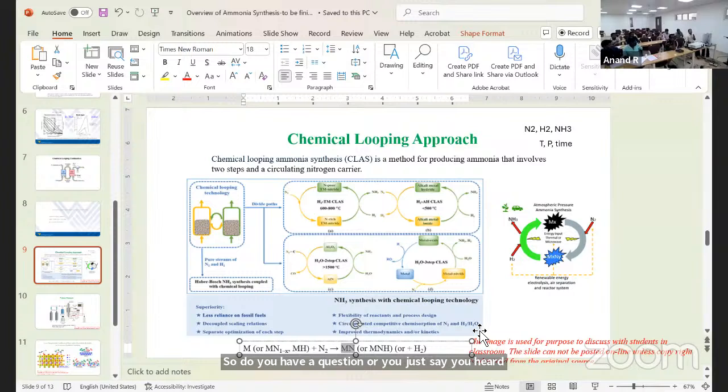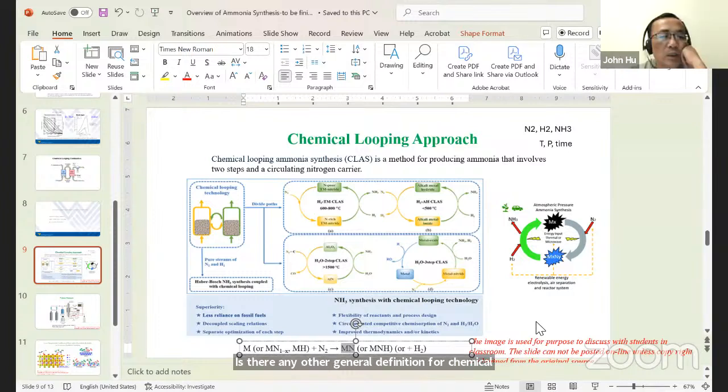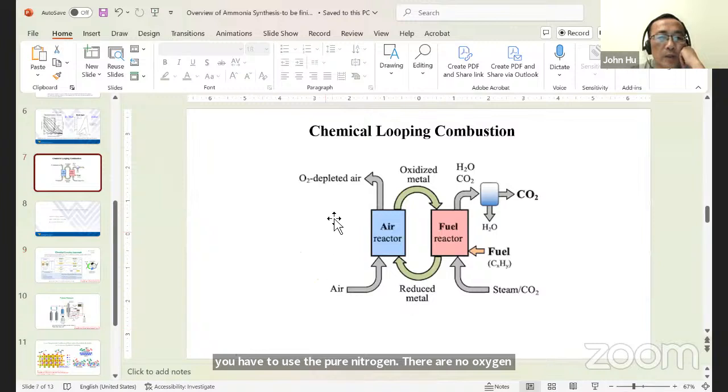Yes, sir. One small question. If oxygen or nitrogen is obtained from metal, which are metal oxides or metal nitrides, then we call that looping? Or is there any other general definition for chemical looping? In this case, for ammonia synthesis, you have to use pure nitrogen. There is no oxygen involved. In chemical looping combustion, you can use air.